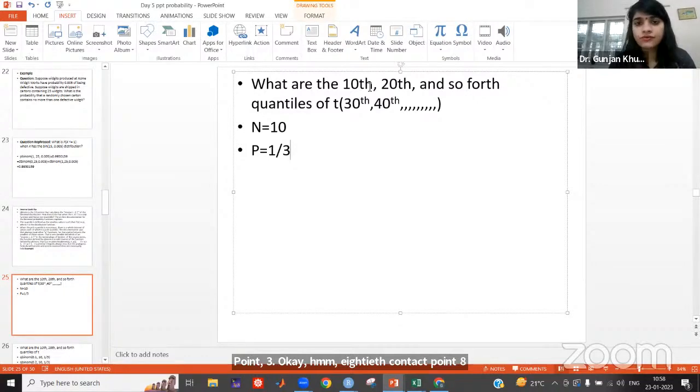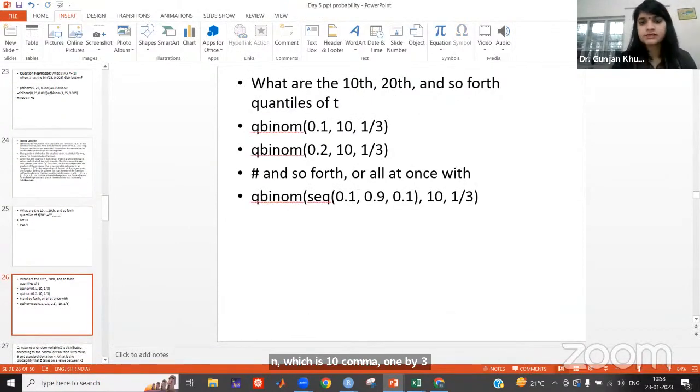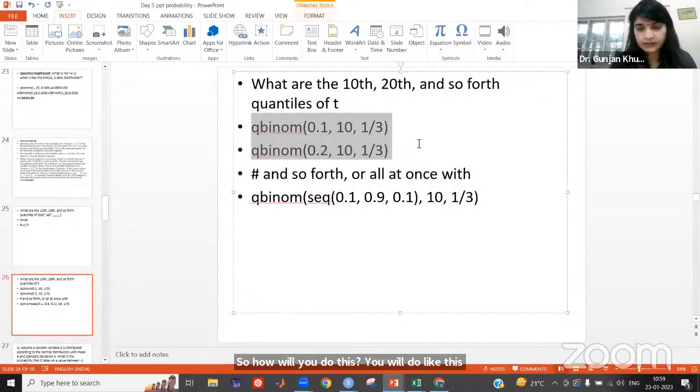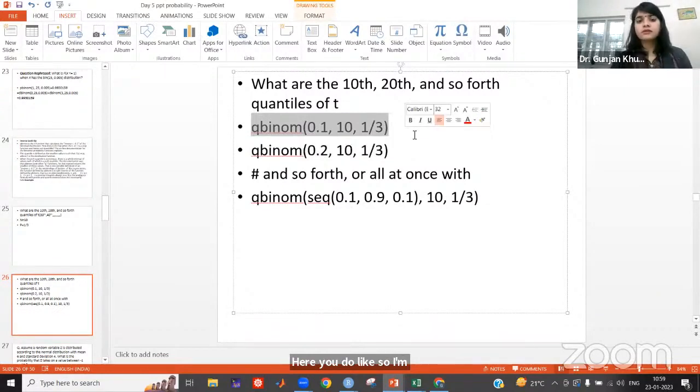So I ask you to find qbinom, bracket, the value of the quantile, which is 0.1, say, comma n, which is 10, comma 1/3. How will you do this? You will do it like this. I'm highlighting the command for the 10th quantile.